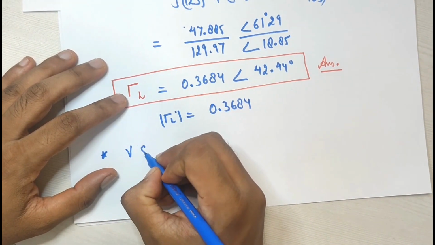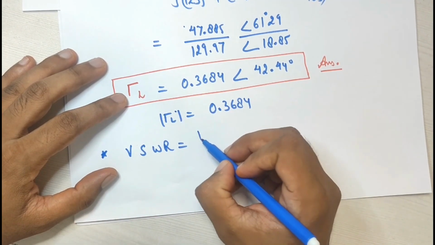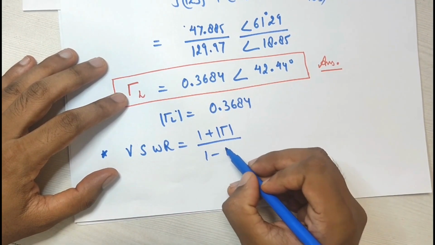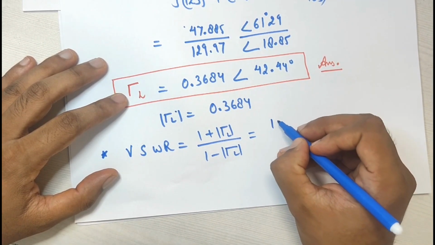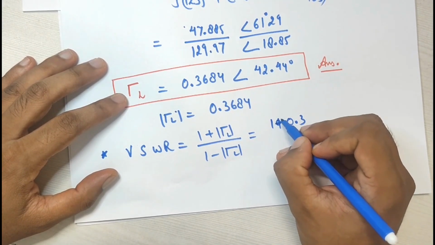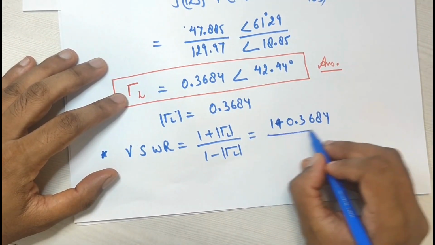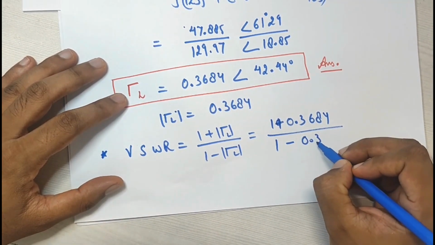Now for the second part of the question, what we need to calculate? Voltage standing wave ratio, which is nothing but 1 plus modulus of reflection coefficient upon 1 minus modulus of reflection coefficient. We will just substitute the value. This is 1 plus 0.3684 upon 1 minus 0.3684.